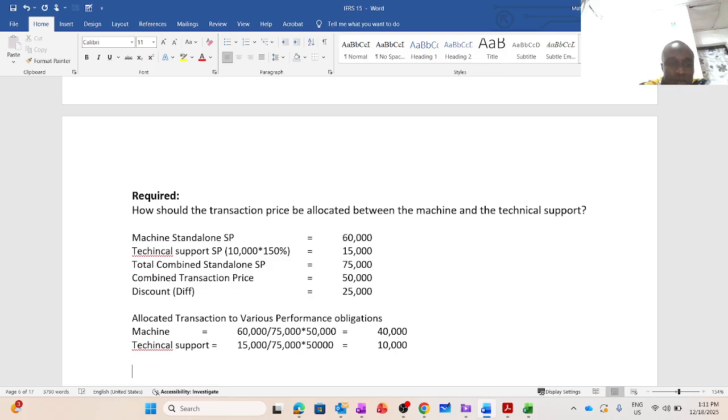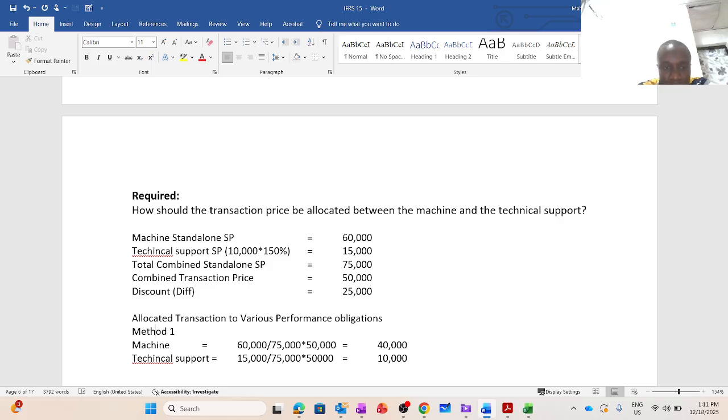So now we are going to calculate. This is method one, for example. Method one: allocate based on the proportion of stand-alone SP.